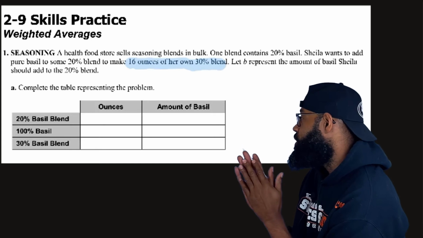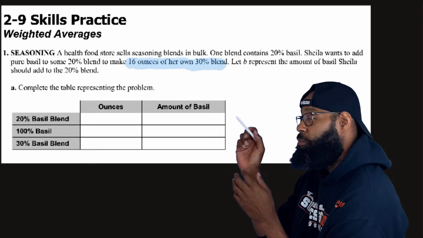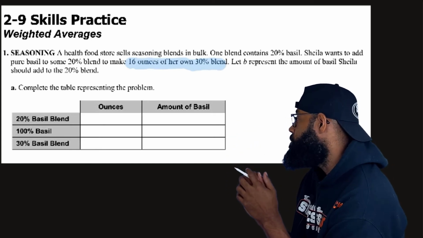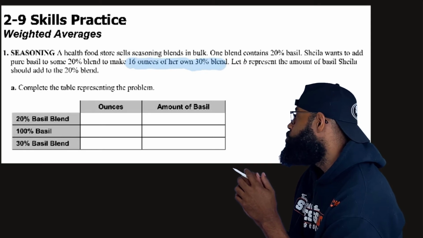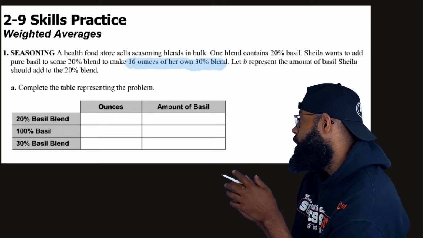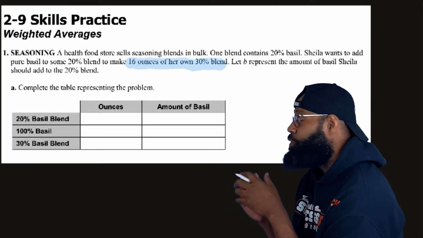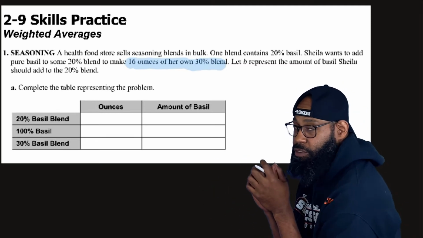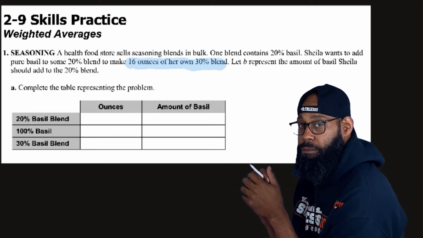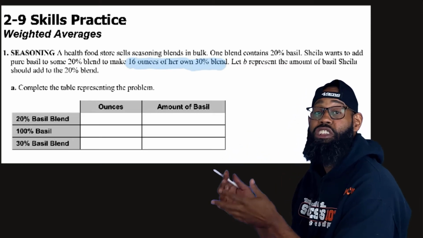So think about it this way. There's 3 boxes, right? The top box, 20% basil blend. The next box, 100% basil. Then the third box, 30% basil. Think about this. All she's doing is adding the first 2 to get the third. But how much does she need to add, right?